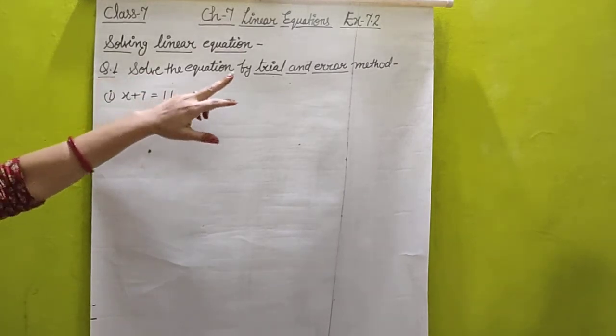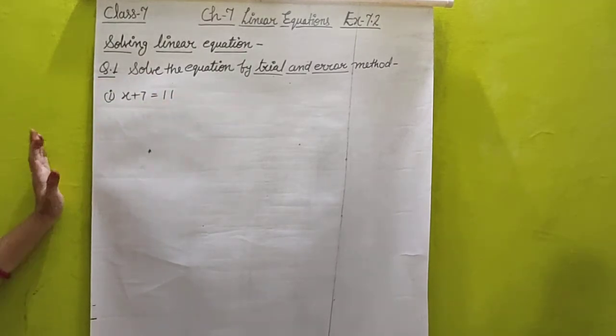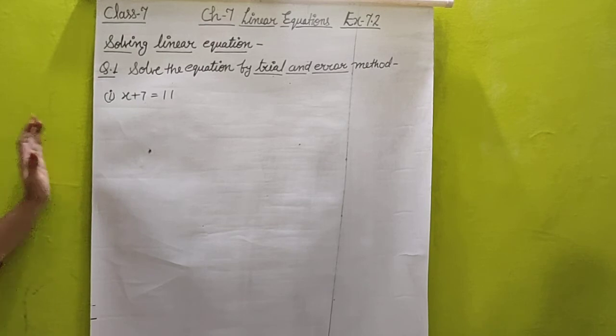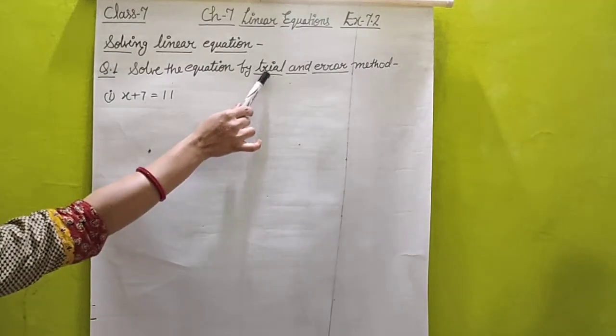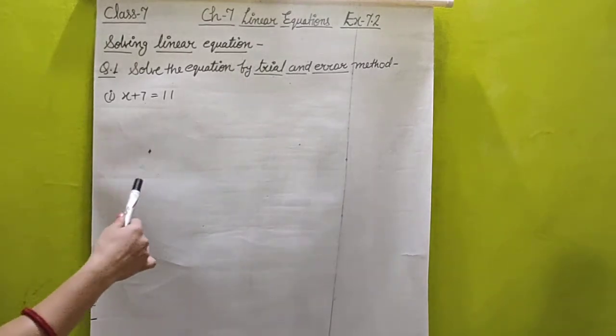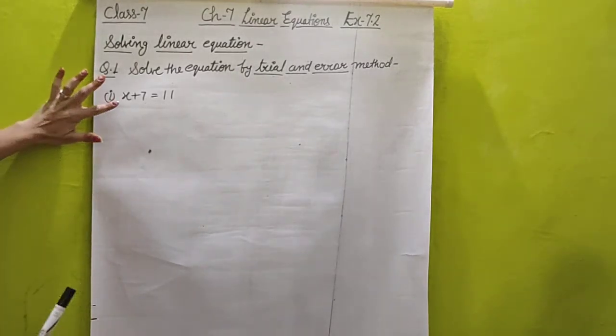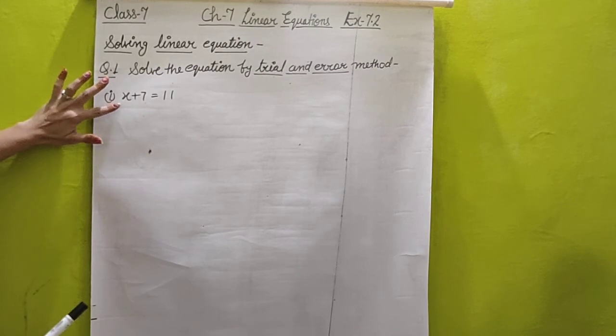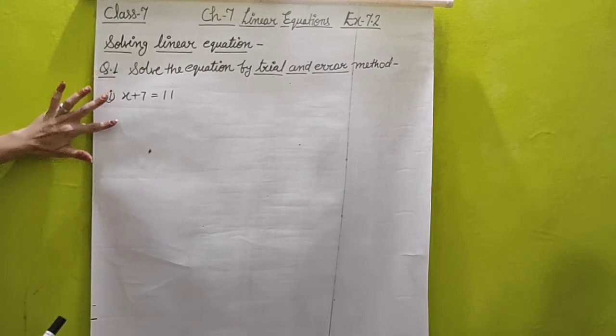We are to use the trial and error method, and as you can see, the name indicates trial and error, which means we will try by putting in values of x. Different values of x we will put here.